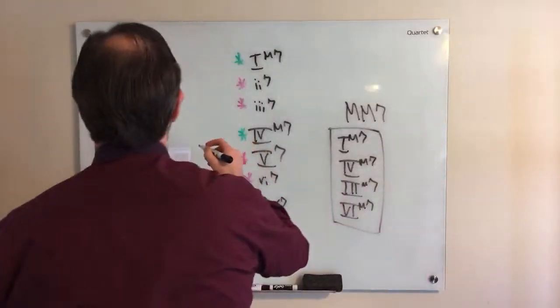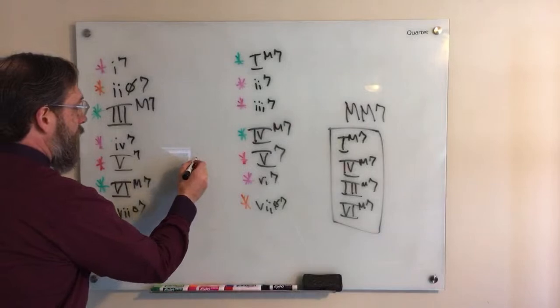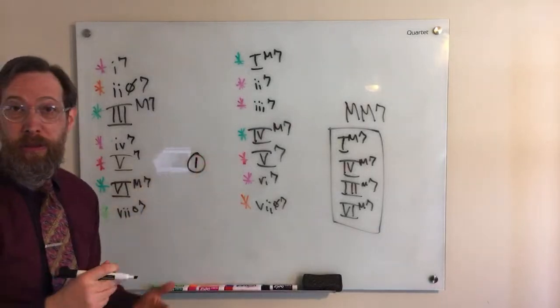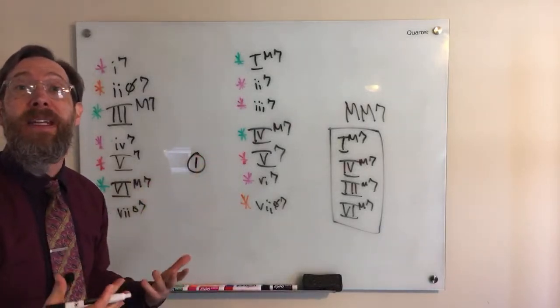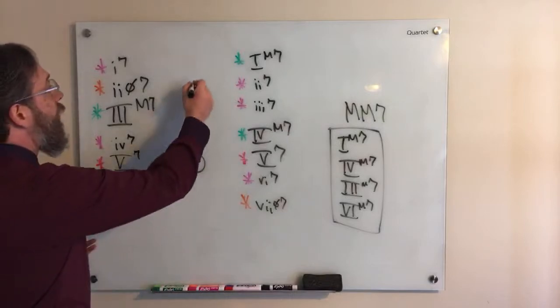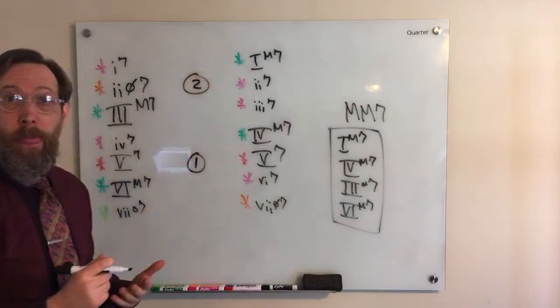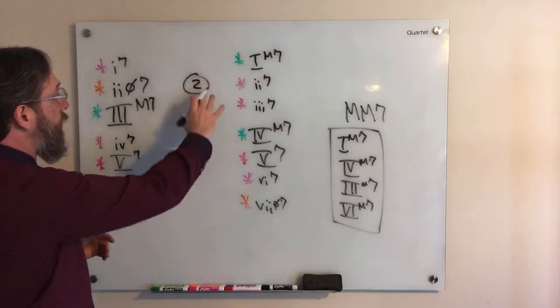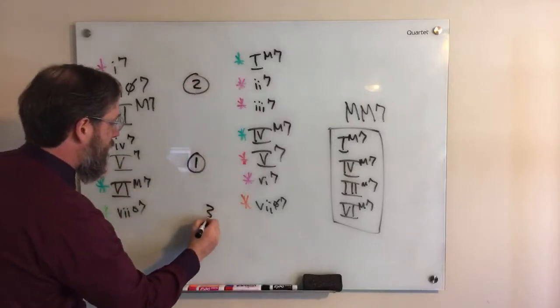The 5/7 was the number one seventh chord used, meaning the most commonly used. After that, the 2/7 chord, and then finally the 7/7.